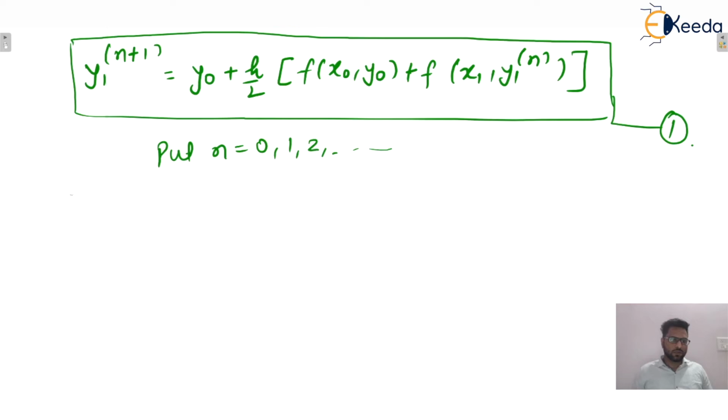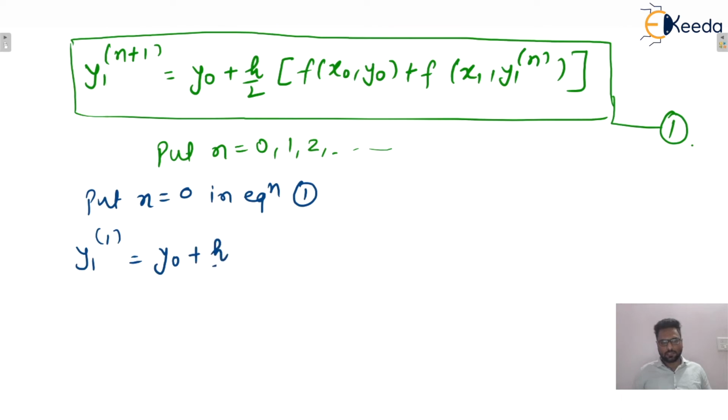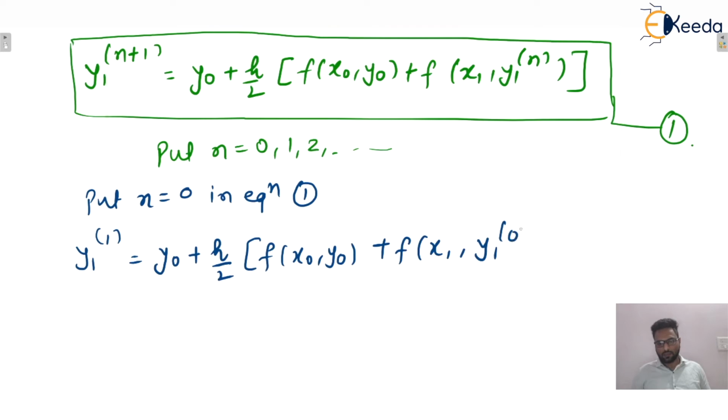So let us put n equals 0. When we put n equals 0 in equation 1, this becomes y1 superscript 1 is equal to y naught plus h by 2 times f of x naught comma y naught plus f of x1 comma y1 superscript 0, isn't it? This is known as the first approximation.